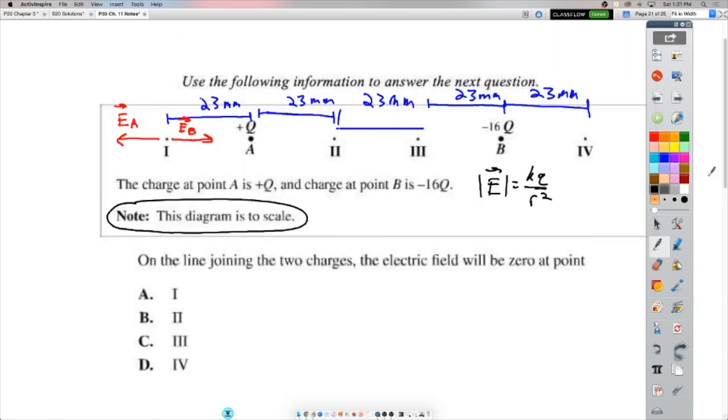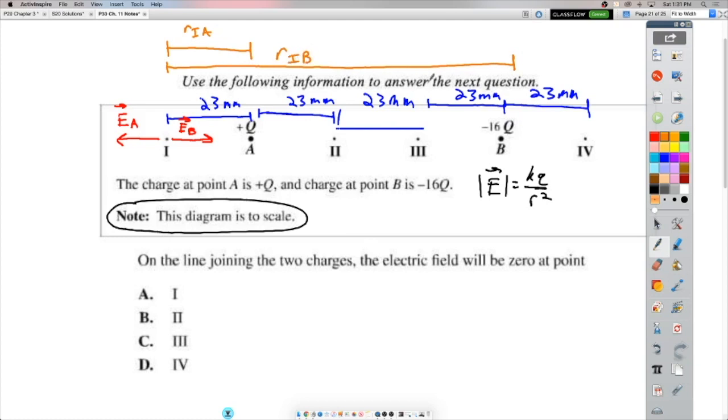Let's first think about it just in terms of R. R from 1 to A, let's call it R 1A. And then we have R from 1 to B, R 1B.